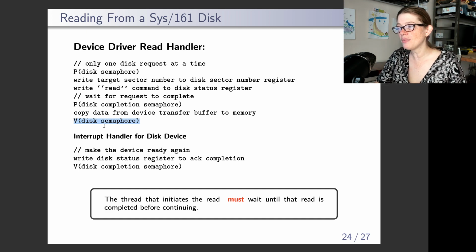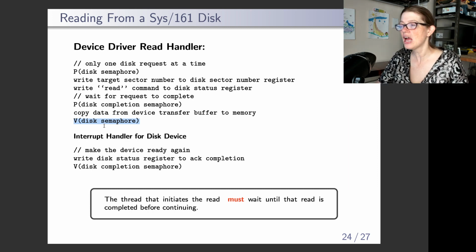The other reason why we need two semaphores here is because I want the thread that handles error codes or copying data into the address space to be the thread that made that request, because that's going to make it the easiest. So this particular device driver does need to have the two semaphore approach.